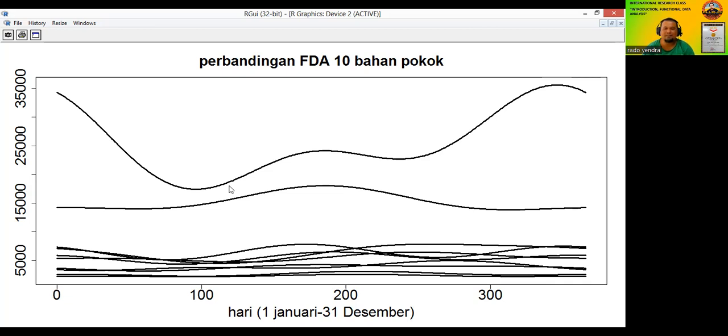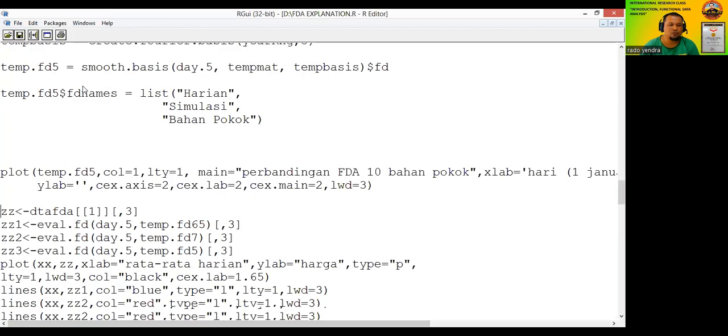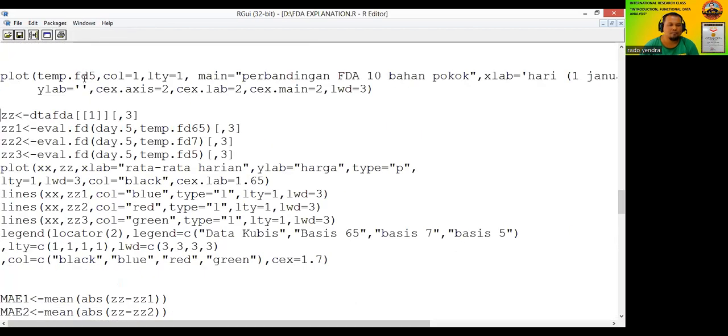The problem is: which one is the best? To check the best one, we use only one variable. In our data, we use column 3, maybe for the potatoes. We just do the potatoes.